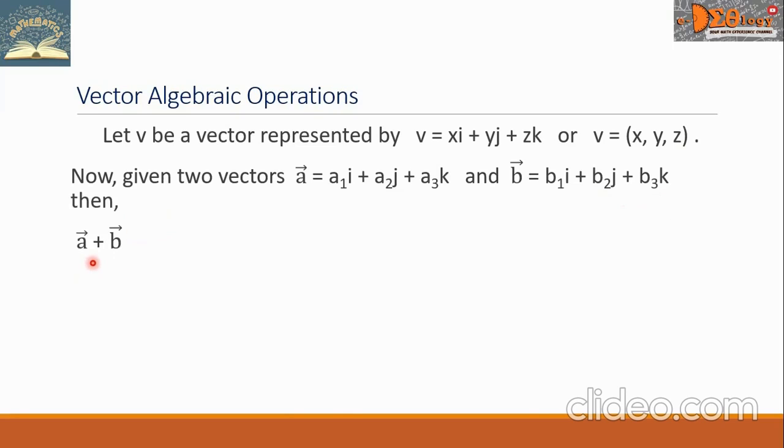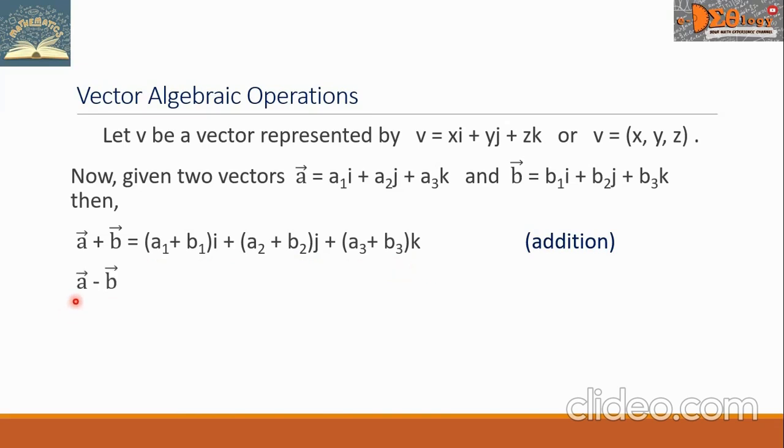Then vector A plus vector B, this is addition of vectors, equals the quantity a sub 1 plus b sub 1 times i, plus the quantity a sub 2 plus b sub 2 times j, plus the quantity a sub 3 plus b sub 3 times k.